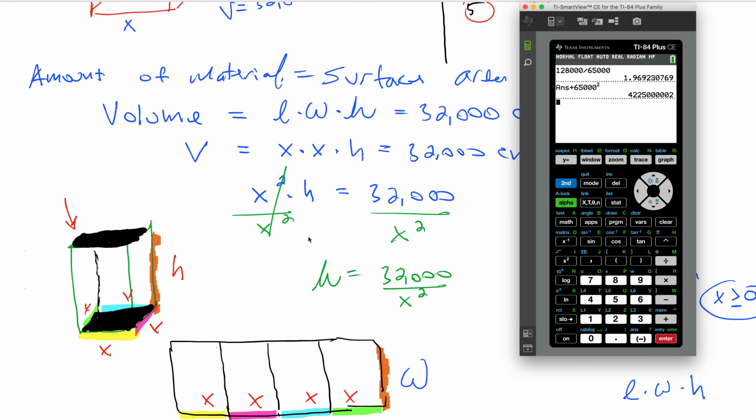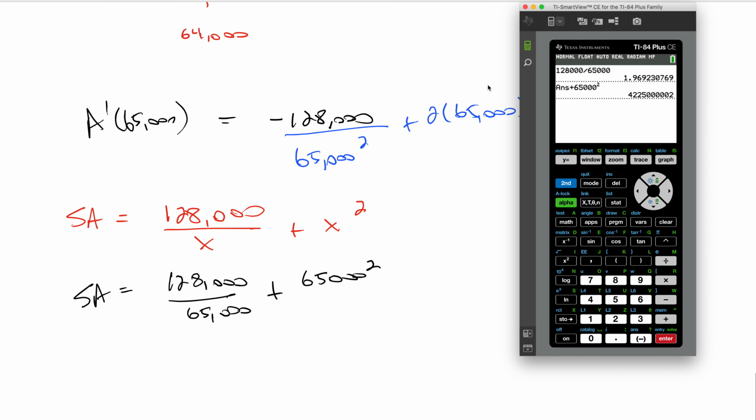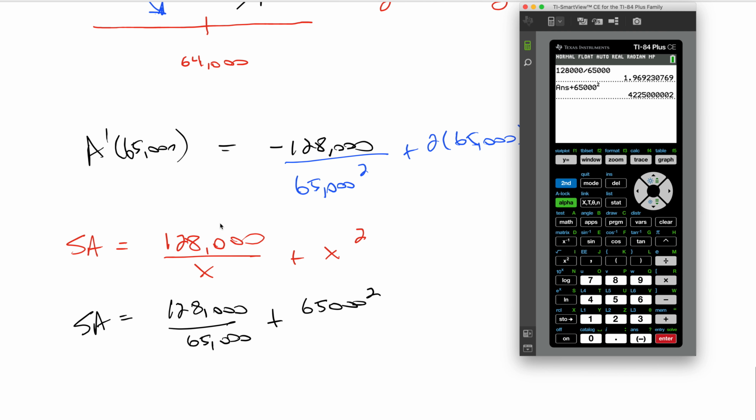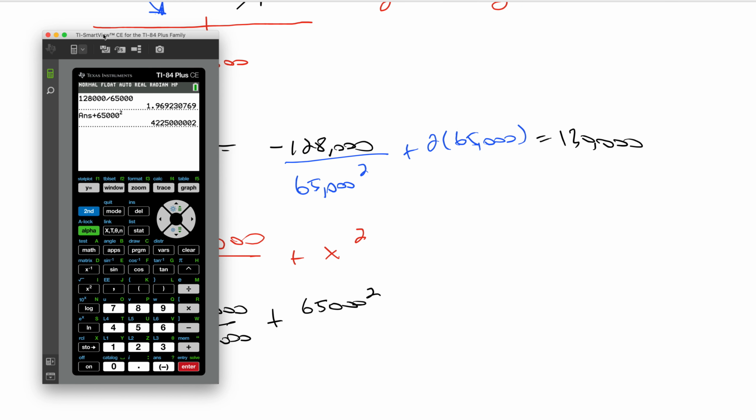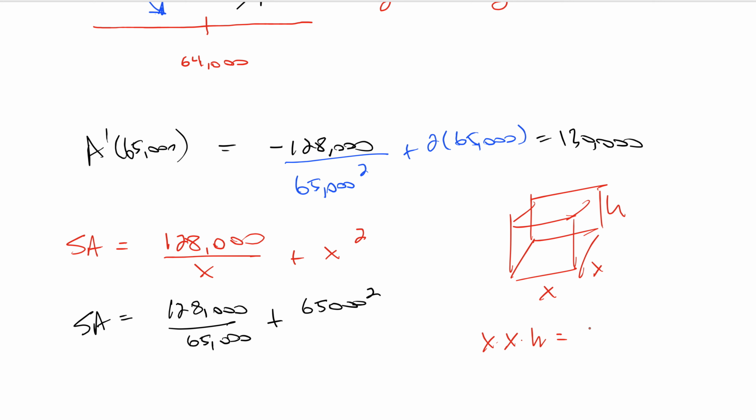Okay, so we know that we have this box. Here it is. You have these two things that are exactly the same, this x, and we have this h. And we know that the volume, x times h, is equal to 32,000.